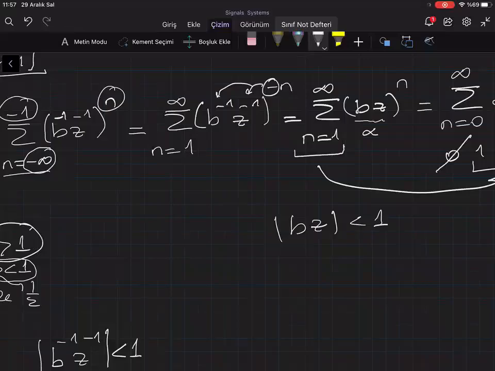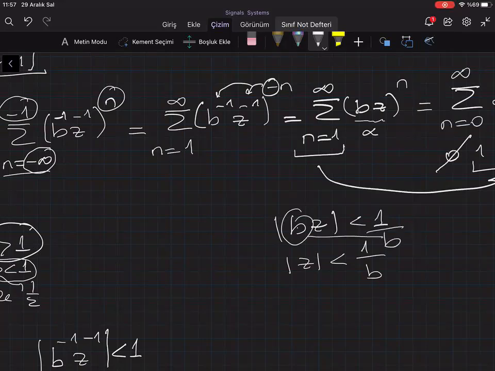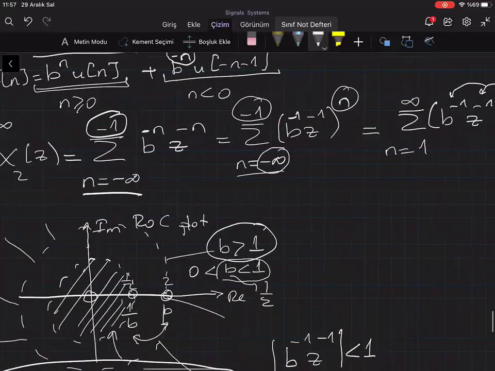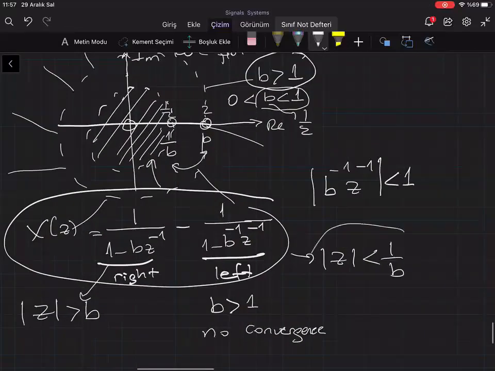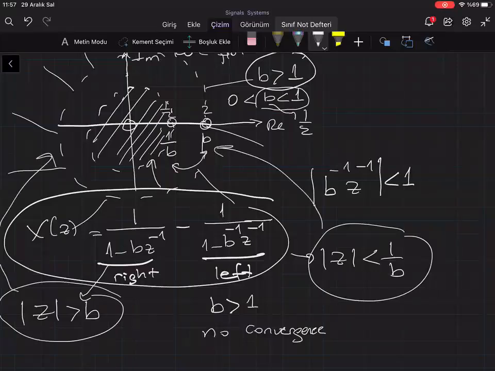Then Z should be less than 1 over B. Right? This will go down and Z will be 1 over B. So if I do these things first and then draw accordingly, it will be a lot easier for you to deal with the plot of your ROC. Okay.